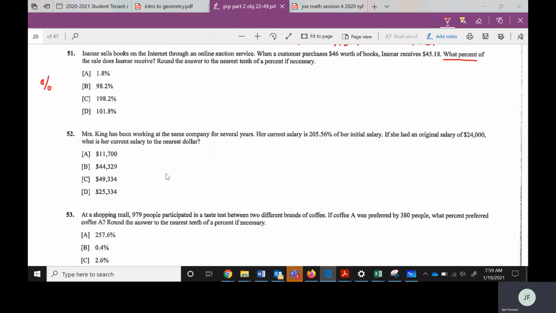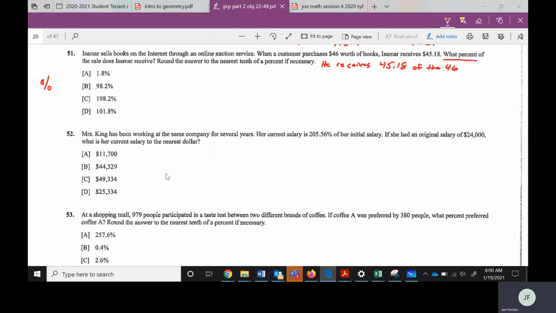So we need to figure out what's the whole and what's the part. And so I'm going to take what they tell us here and rewrite it. He receives $45.18 of the $46.